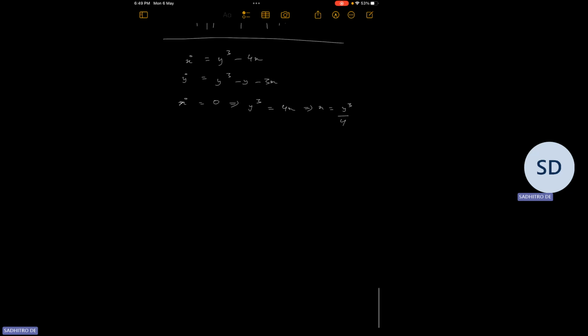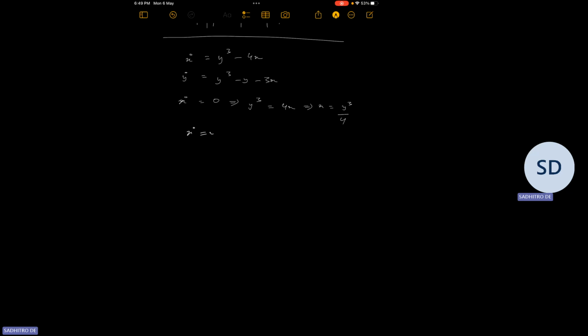So by the way, for doing this problem, one interesting observation is that x dot is equal to y dot when x equal to y for this system, and this can be simply obtained if you equate the two equations.